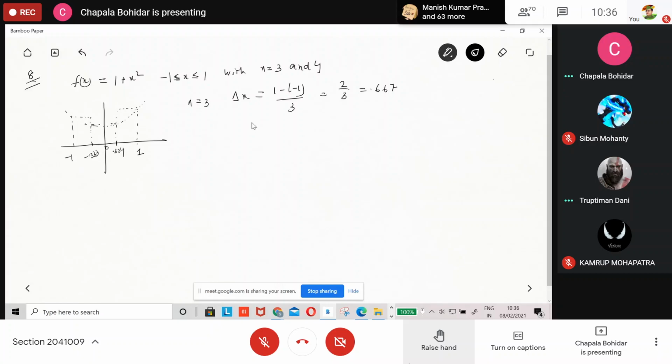Upper sum. For n is equal to 3, the value of del x is equal to 2 by 3, into the upper sum, meaning on each rectangle, the point at which our functional value is maximum.